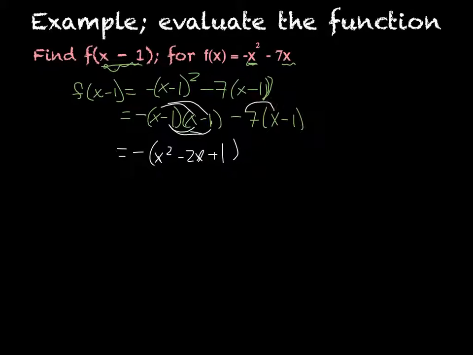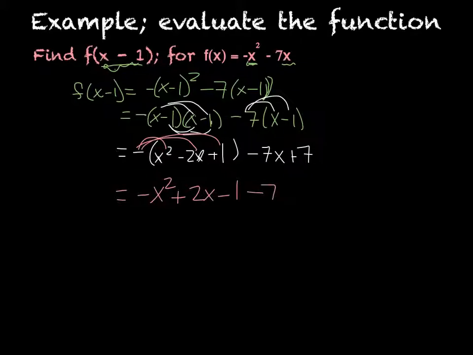And then if I distribute here, negative 7x plus 7. Double negative makes it plus. Alright, and then my next step would be to distribute in my negative here, giving me a negative x squared plus 2x minus 1, and then minus 7x plus 7.